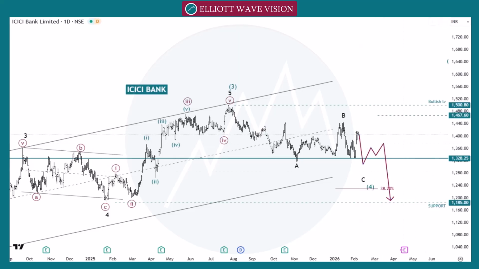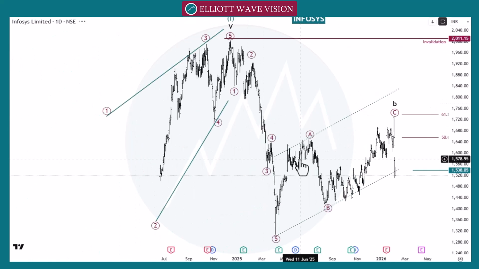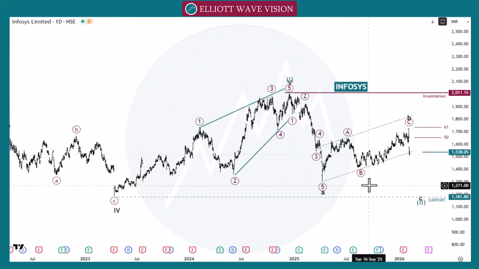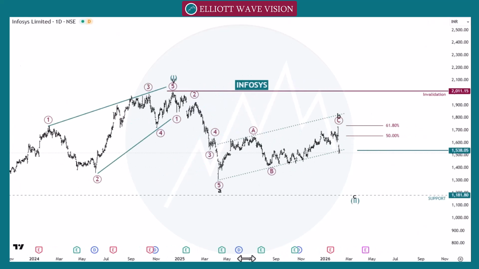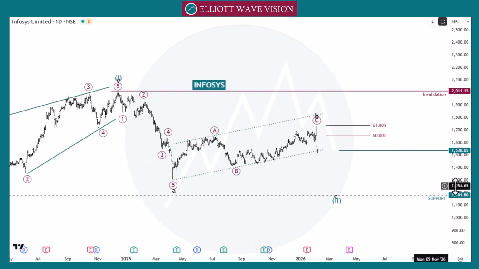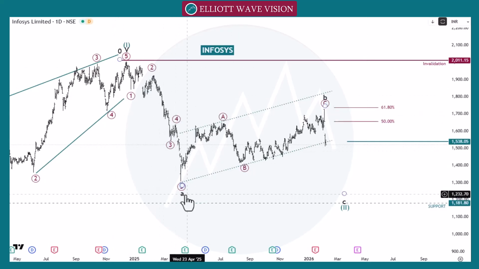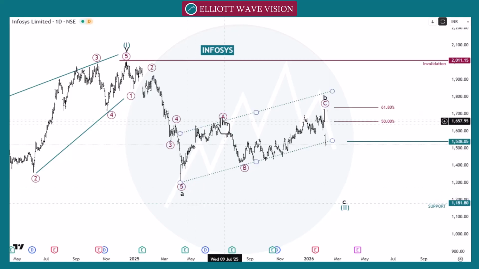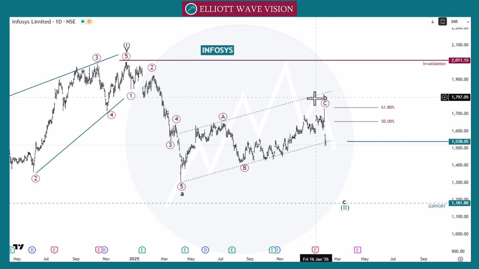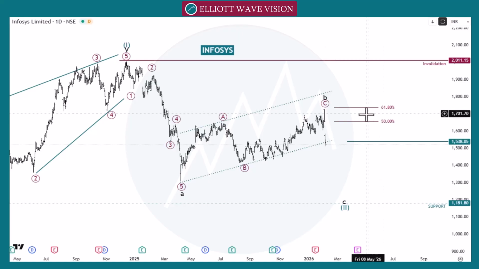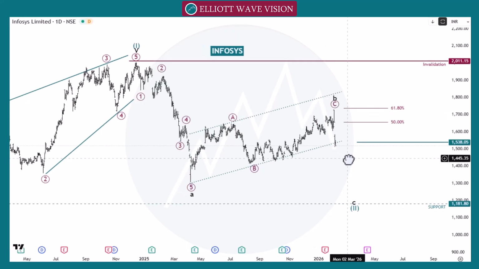So let's check our next pair, Infosys in daily time frame. In this pair, after this green wave 1, market gives us this move as a 1, 2, 3, 4, 5 black wave A. Then market gives us this move as a wave A, wave B and wave C as a black wave B at 50 to 61%, between this fib retracement ratio.